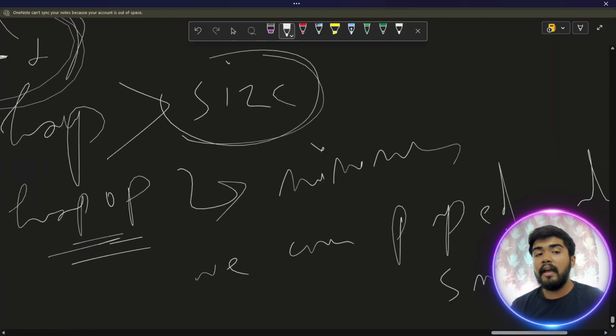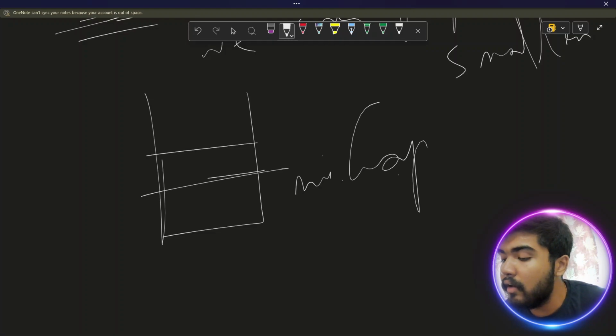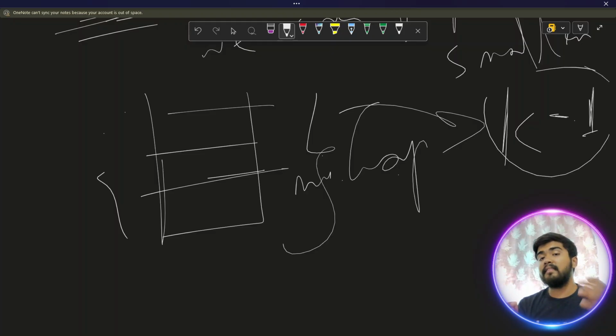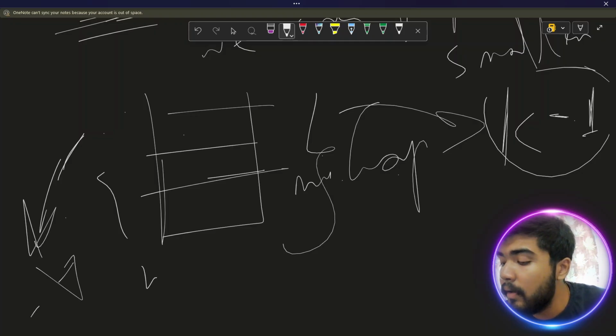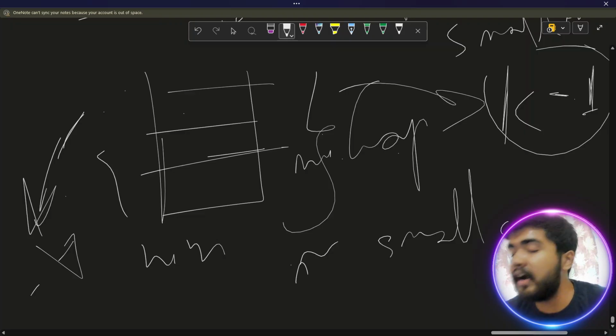So now we are maintaining a min heap which has a size of k-1, and I have maintained the size by popping the elements. I have thrown out all the smaller ones from my min heap.